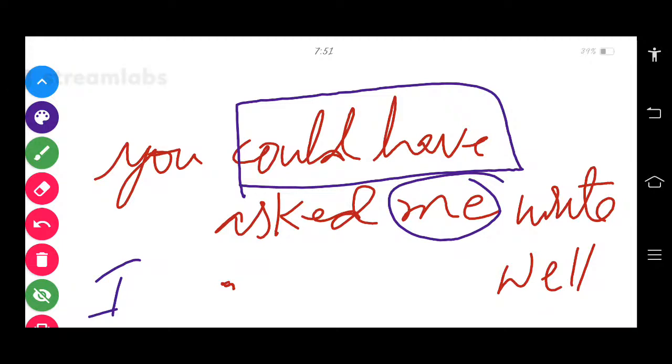So I could have been asked to write, because it's a direct infinitive, but in the passive it must be a to-infinitive. So its answer will be: I could have been asked to write well.